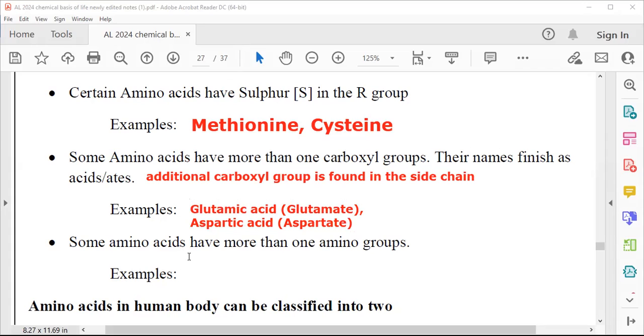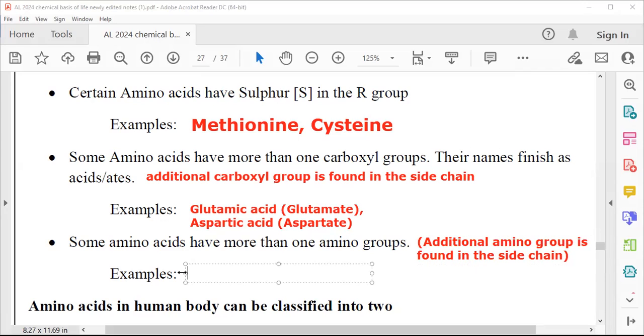Some amino acids have more than one amino group. That additional amino group is found in the side chain. Who are the examples?